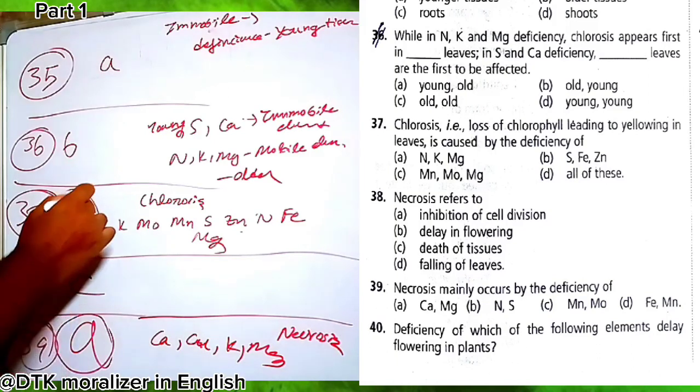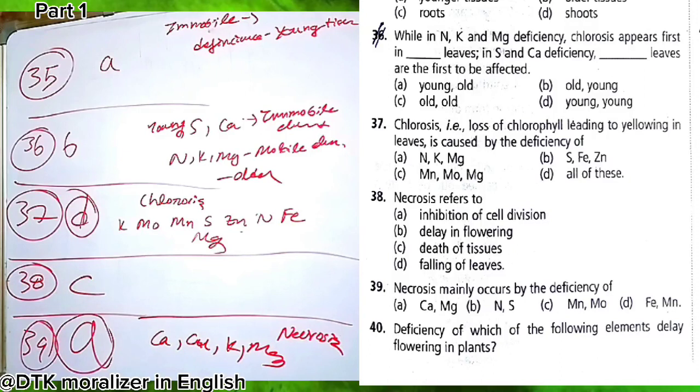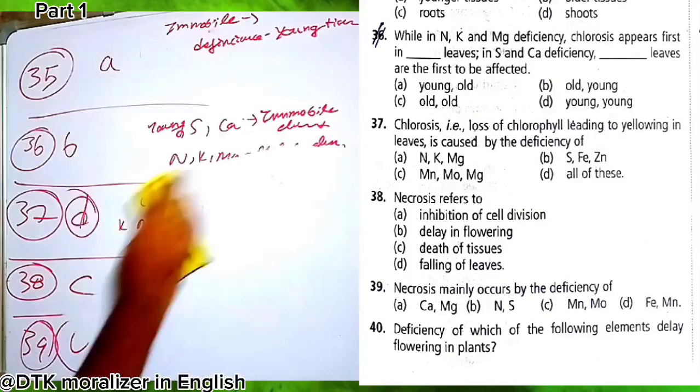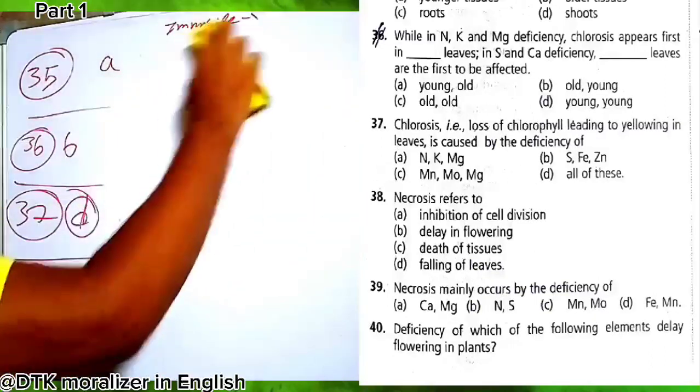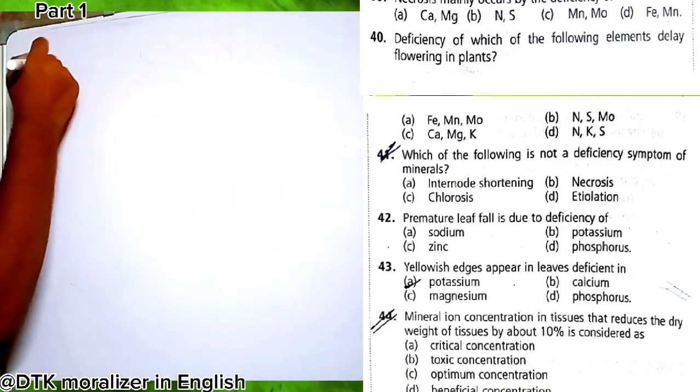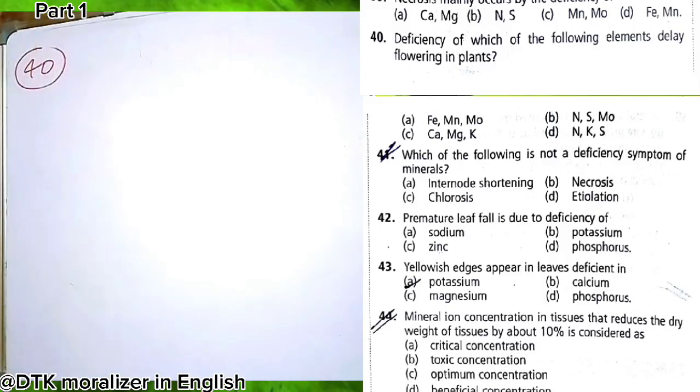In this chapter, you have to remember the deficiency symptoms and the deficiency elements. By this, you can solve any type of questions. Now, question number 40. Deficiency of which of the following elements delays flowering in plants?